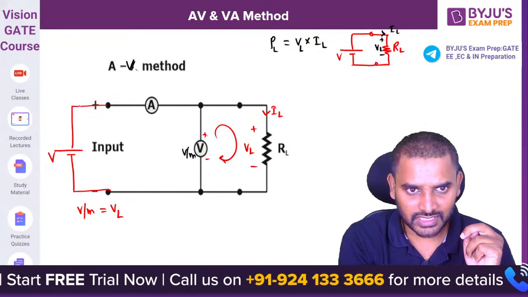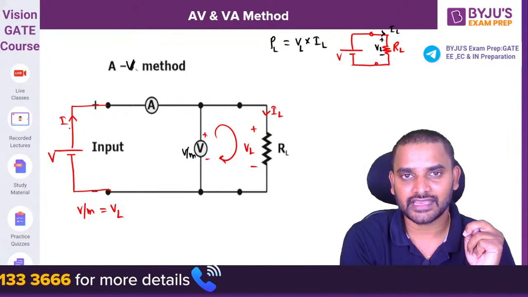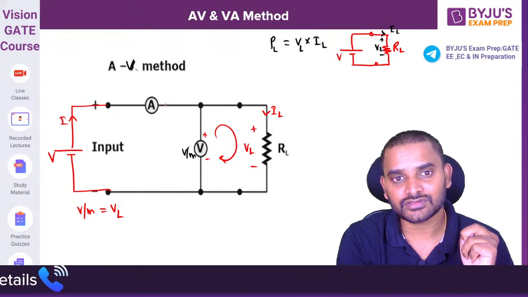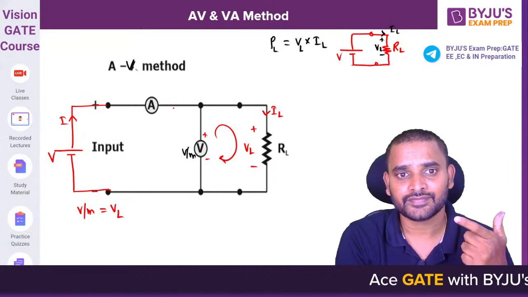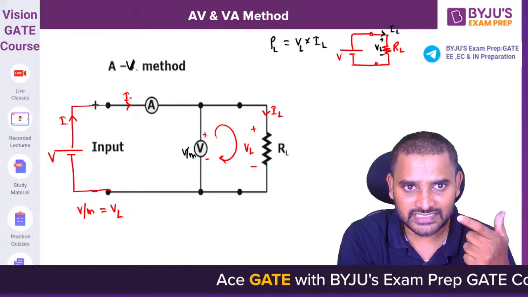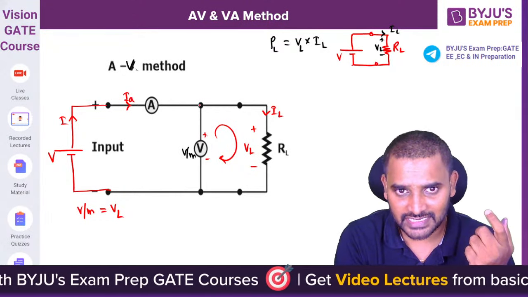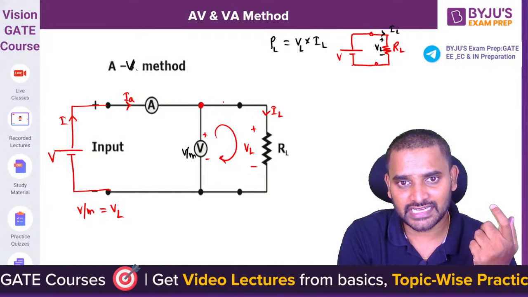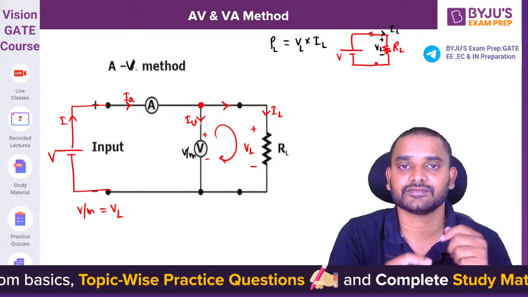And coming to the ammeter reading, this supply is going to drive a current I, and that current is flowing through the ammeter. I can mention that current as IA, and that current is entering at this junction and leaves as IL and also leaves as IV.